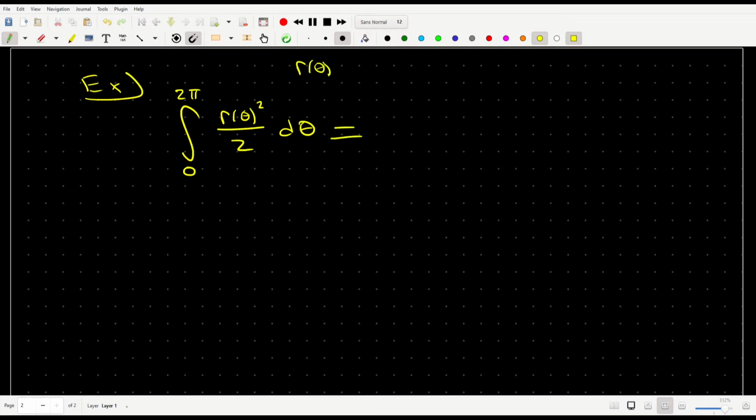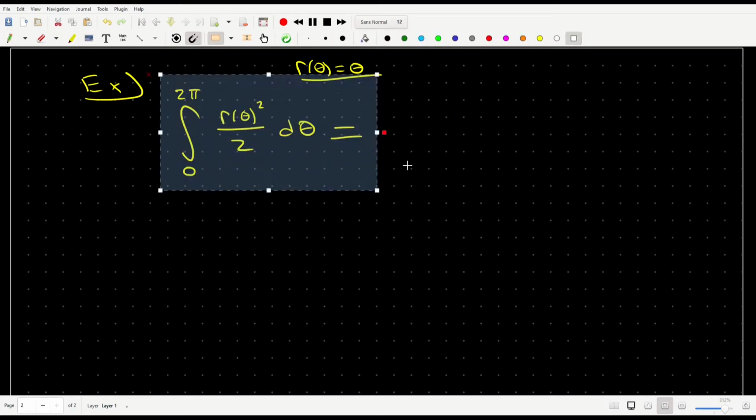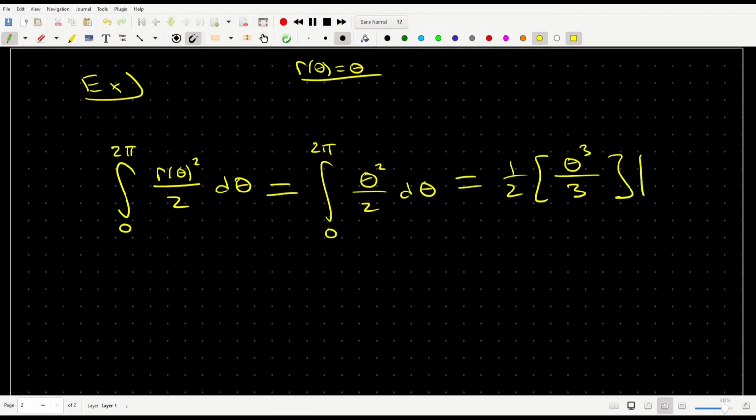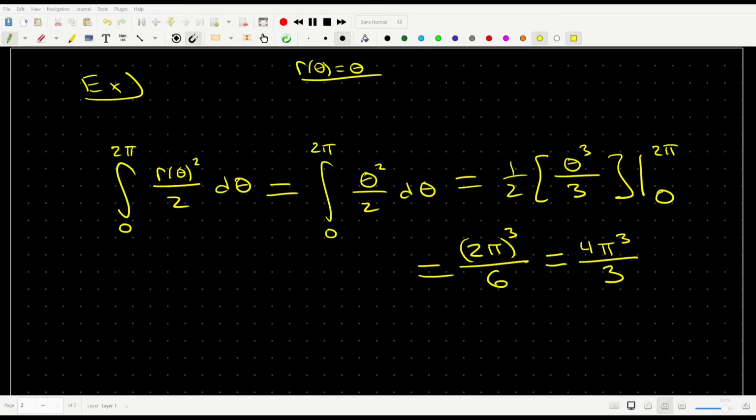So r of theta was equal to theta, and so this is the integral from 0 to 2 pi of theta squared over 2 d theta, which is going to be 1/2 times theta cubed over 3 evaluated from 0 to 2 pi, or 2 pi cubed over 6, which is 4 pi cubed over 3.